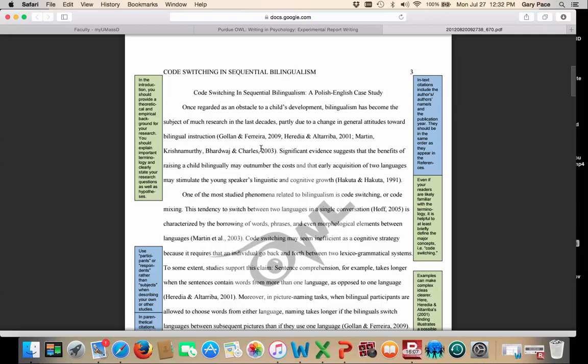So Smith and Jones in 2009. Well, if you're basically talking about their literature and you're paraphrasing what they're saying, then you're going to put them in parentheses.